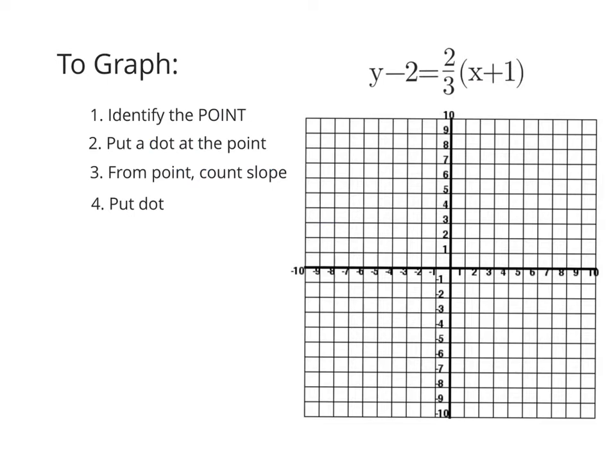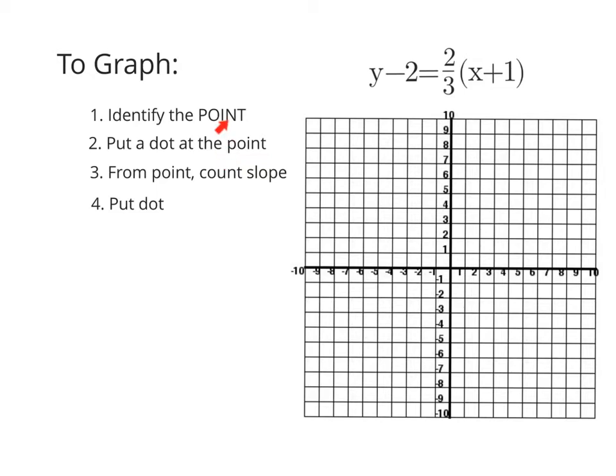There are 4 steps that we are going to use to graph an equation in point slope form. The first one is to identify the point that's given. This is the part we need to be very cautious about when we identify the point. We'll look at that in just a second. The next thing we're going to do is put a dot at that point.